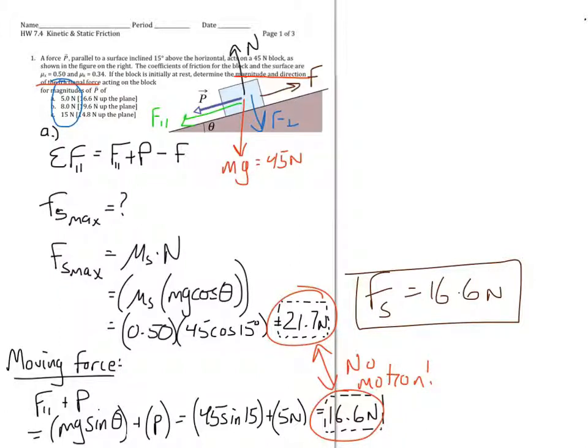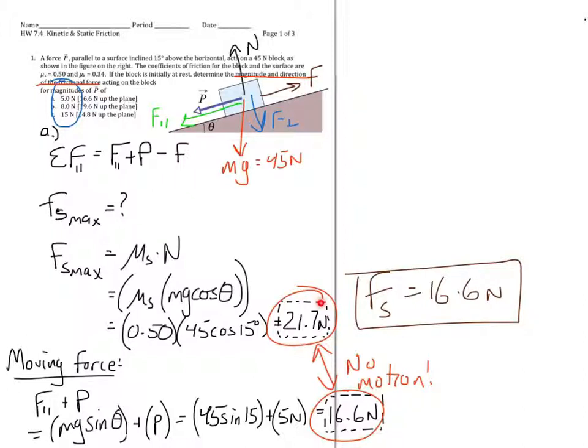All right. You're going to do the same thing for part B. Now, part B and part C, that downward pull, that P force, is going to be greater, so it's like you're pulling downhill greater. So at some point, my guess is we're going to overcome the maximum static friction force, and it'll turn into kinetic friction. In which case, we'll have to figure out what the kinetic friction is.